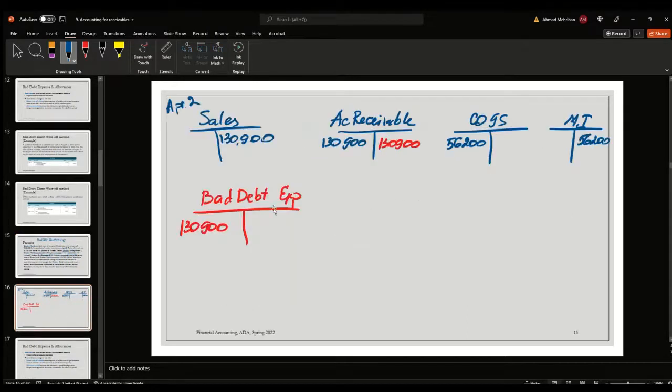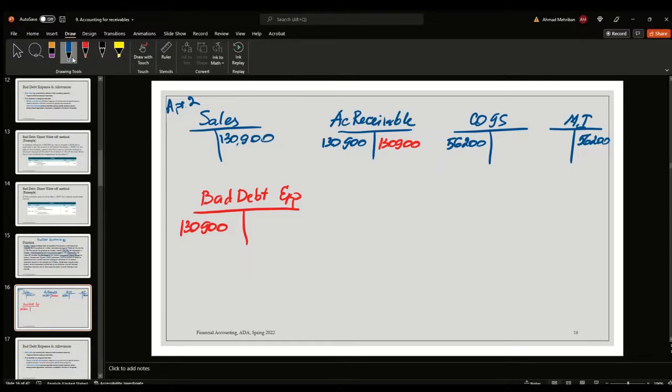Since we've already written off all of the debt in the red colored entry, now we have to reverse it to be able to get that cash back. In that entry, we assumed that Mr. Jenkins would not be able to pay back his debt. But now he says, I'm sorry, I was in a bad financial situation, but now I'm fine. I can pay back the debt, so I will do it. So this is how we're going to record that.